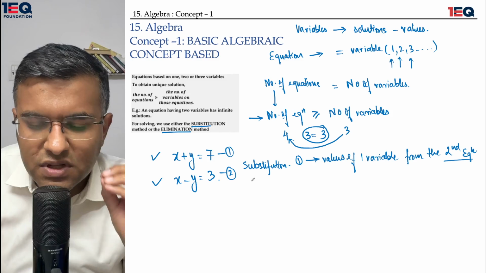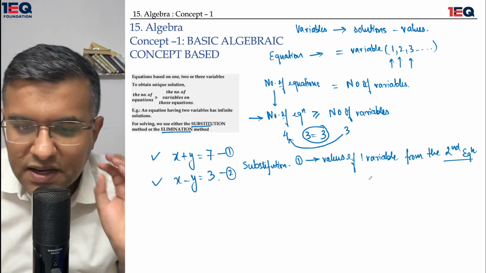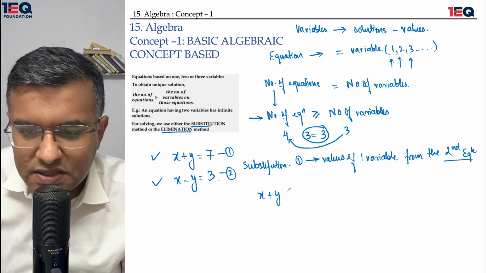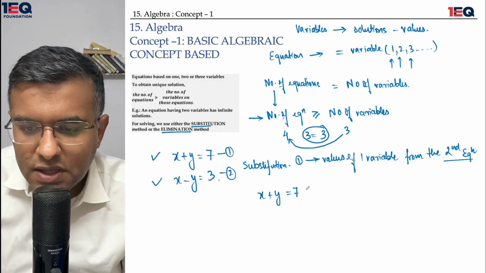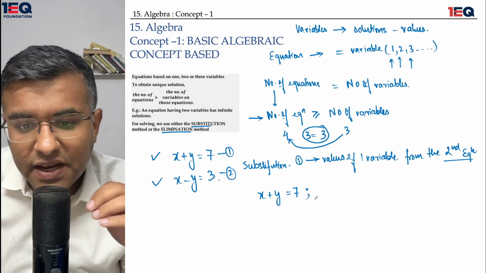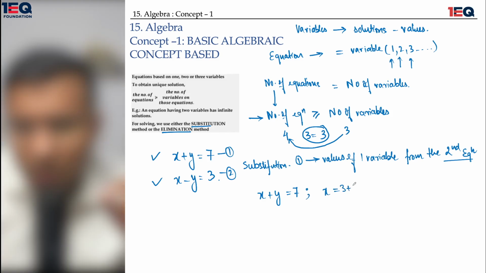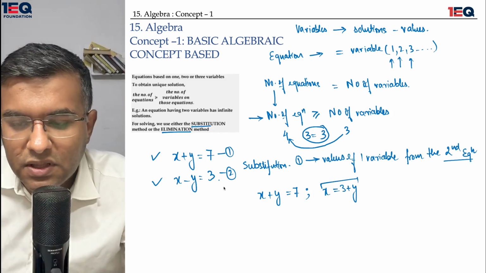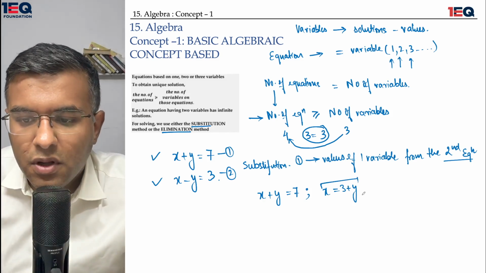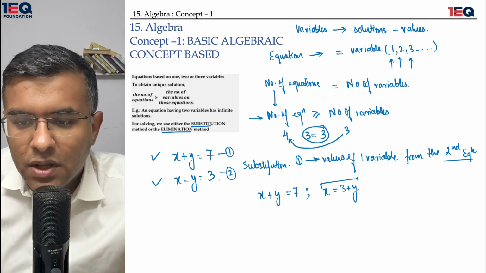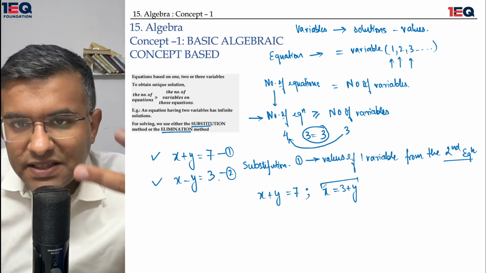Okay, we use the values of one variable from the second equation. Again from the question itself, the value of x plus y is equal to 7. Now from the second equation, I'll quickly pull up the value of x being equal to 3 plus y. This is a derived form from the second equation.